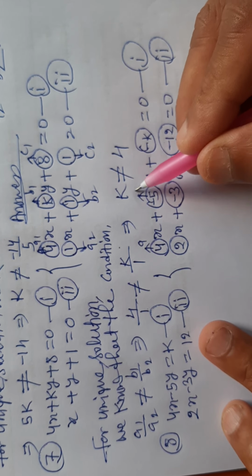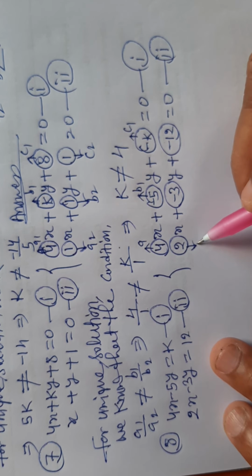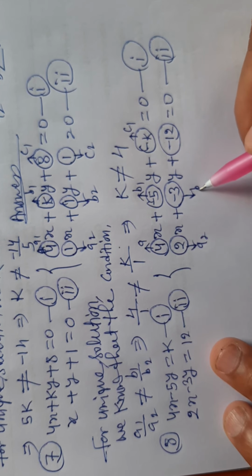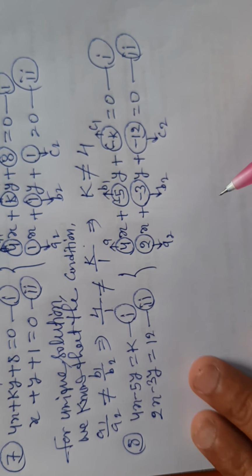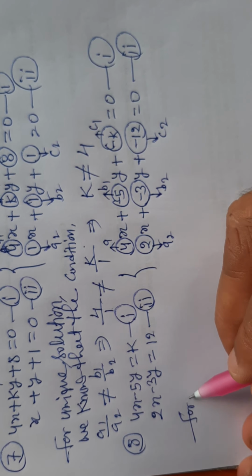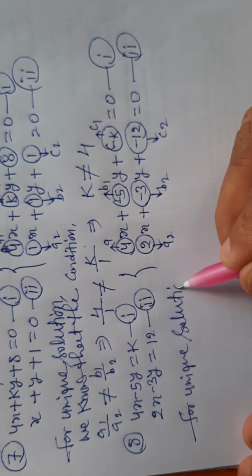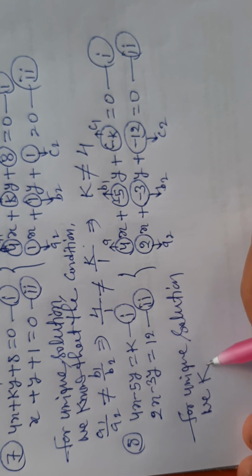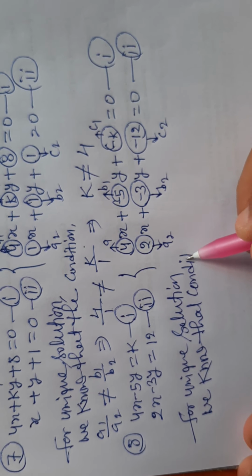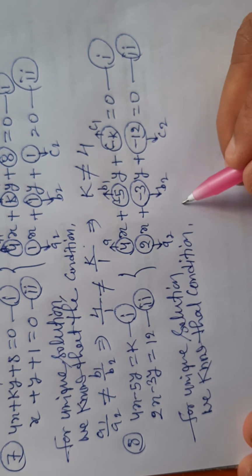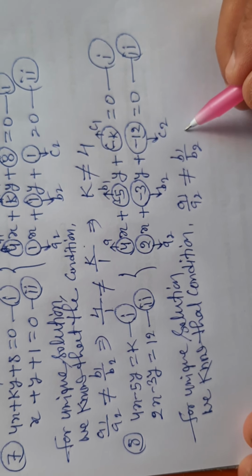A1, B1, C1, A2, B2 and C2. For unique solution, we know the condition A1 by A2 is not equal to B1 by B2.